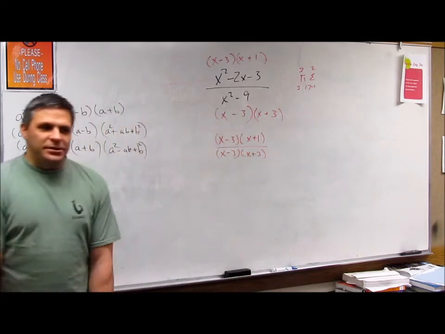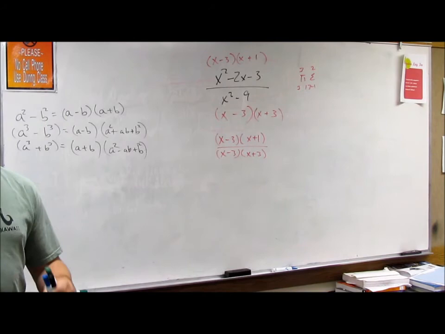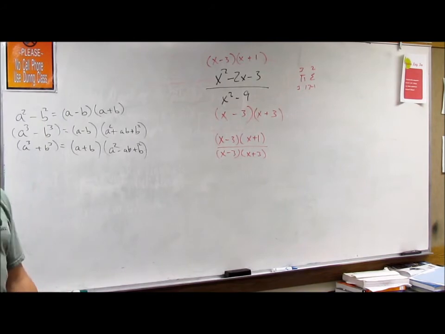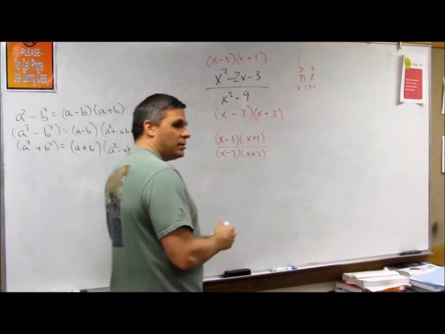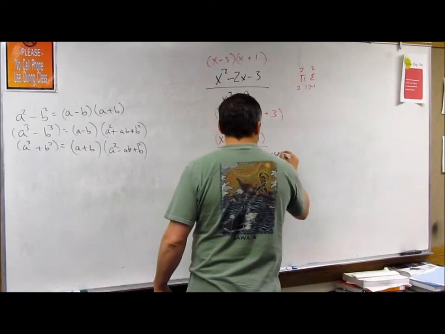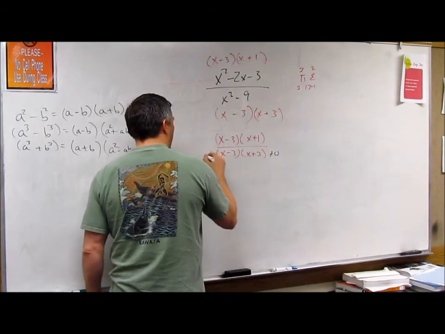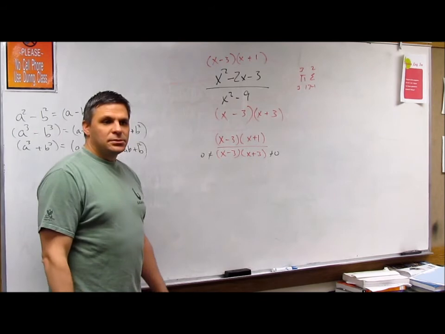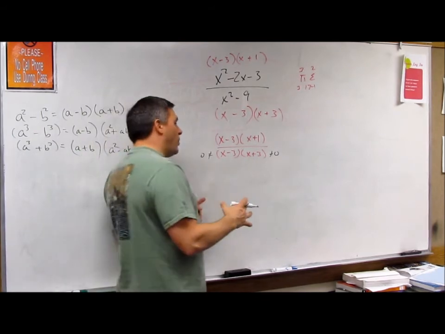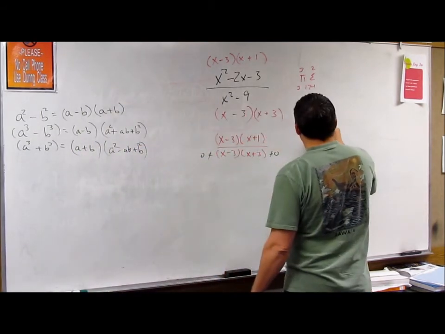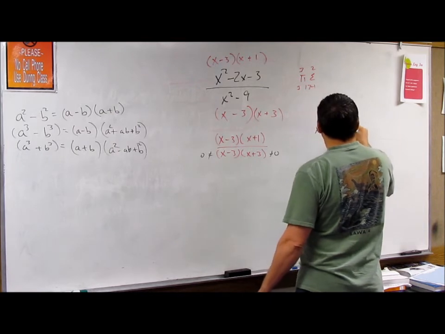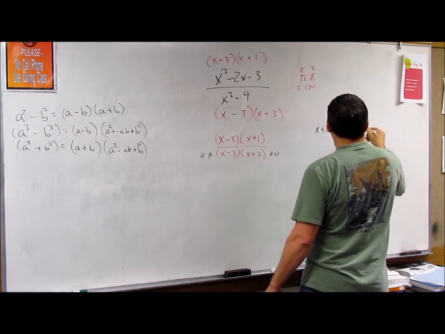Now does anyone notice something that's similar? But before we cancel, what should we do? Solve for what it cannot equal. X plus 3 cannot equal 0. X minus 3 cannot equal 0.